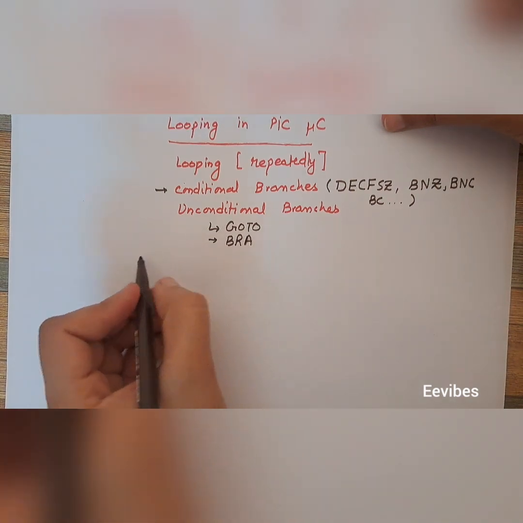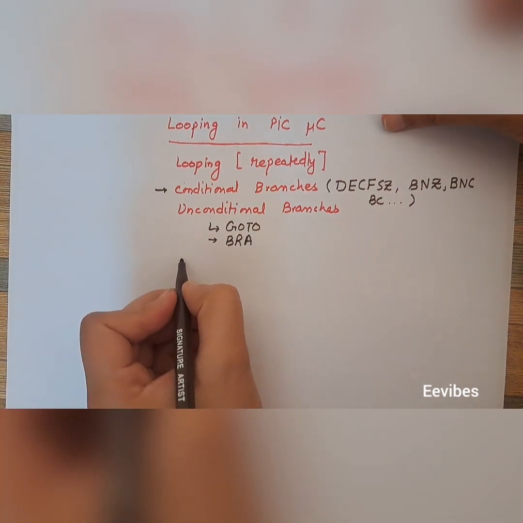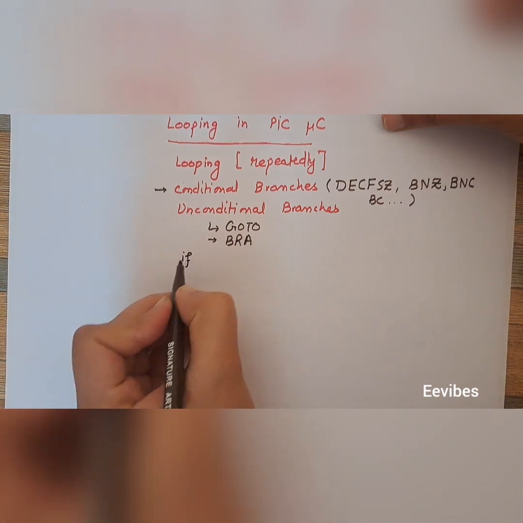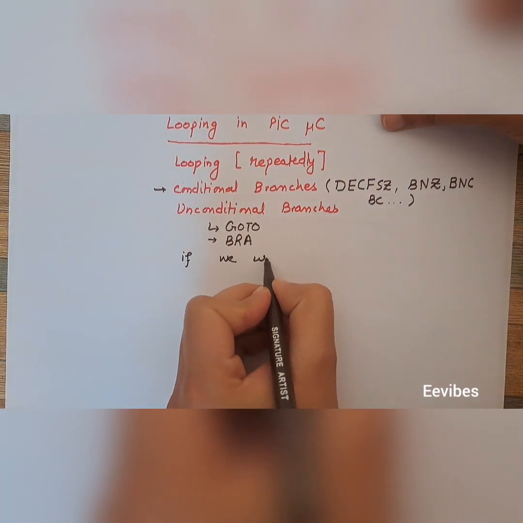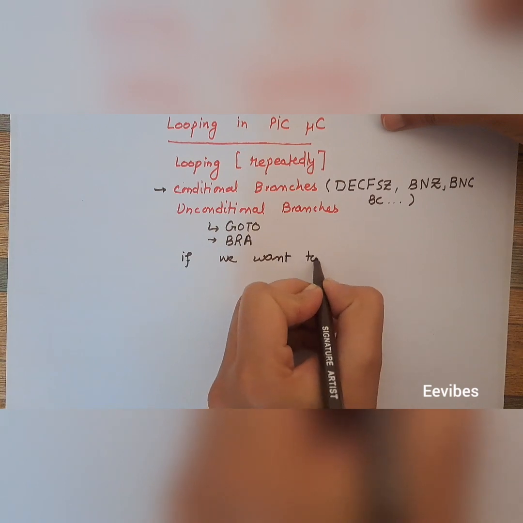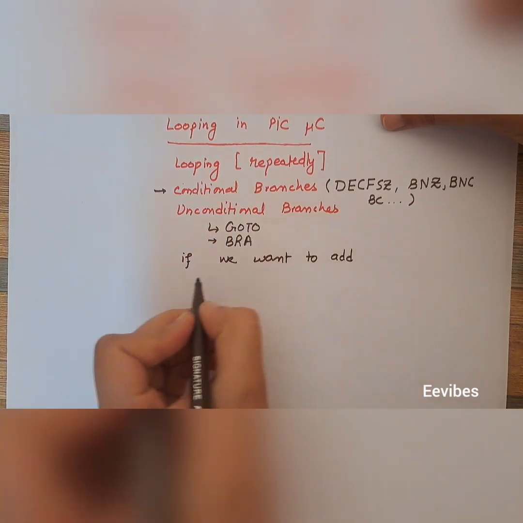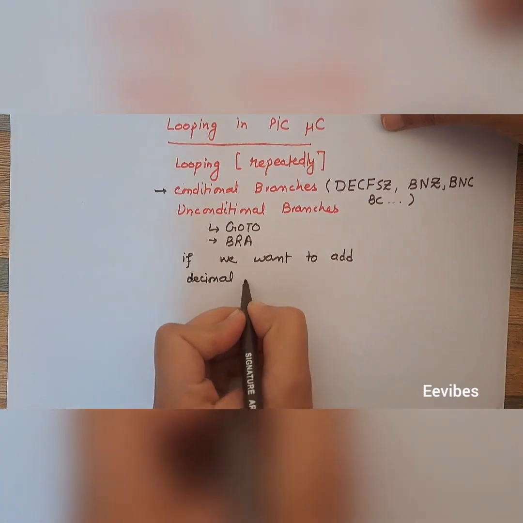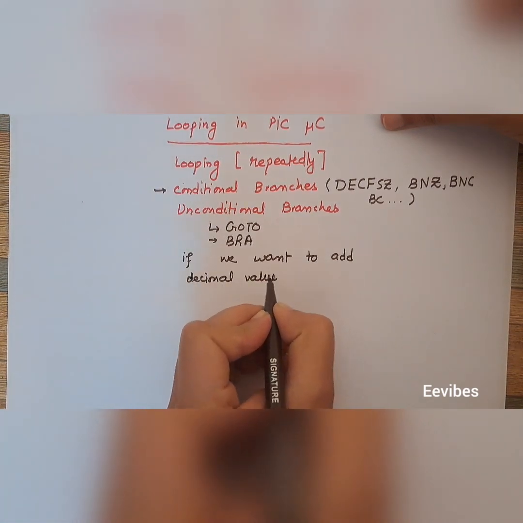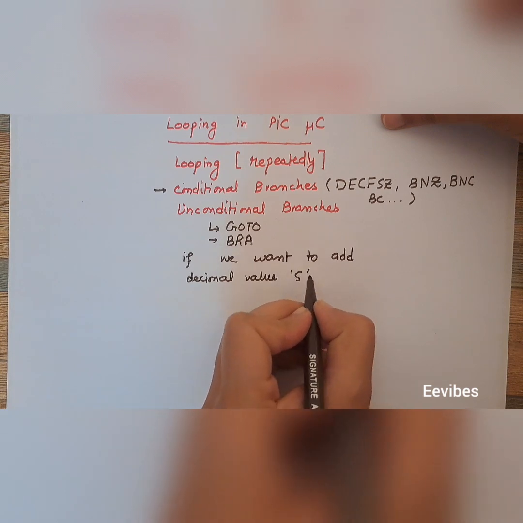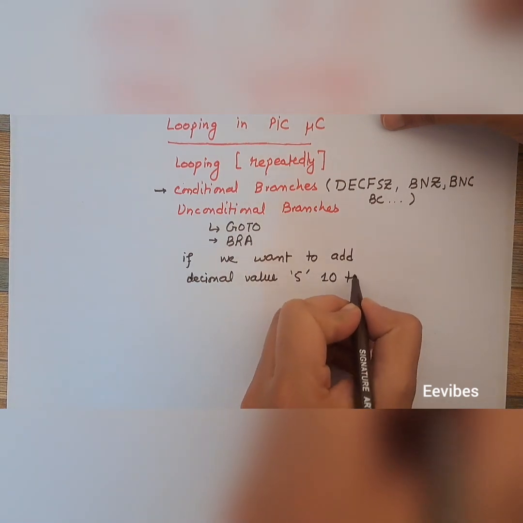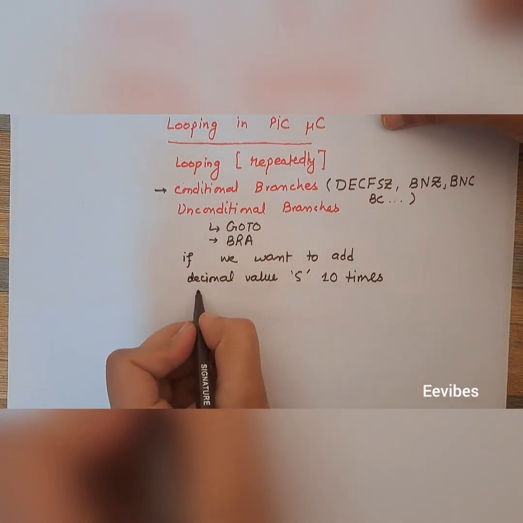For understanding this, let's say we want to add decimal value 5, 10 times to the reg register.